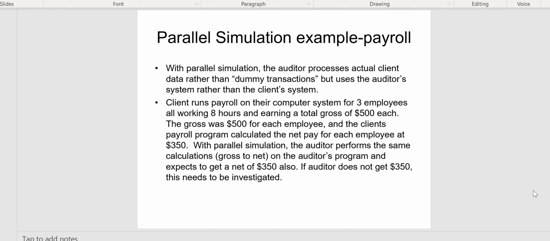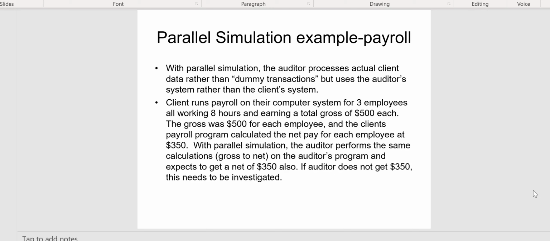The auditor takes the same client payroll run, 3 employees working 8 hours, earning a total of, if it comes out to $500 each, well, we got the gross. Now the auditor performs the same calculations, gross to net, on the auditor's program and expects to get a net of $350 also. And if he does, then you have parallel simulation.